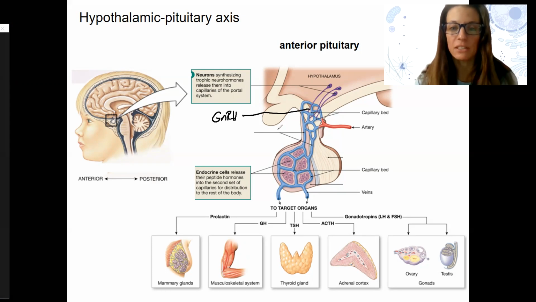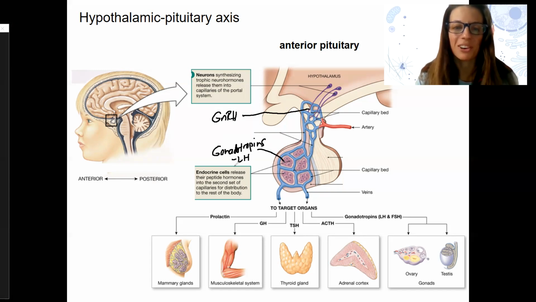It's going to cause the release of gonadotropin hormones. That's blood vessels, sorry. So it's being released into this bloodstream and causing the release of gonadotropins. Specifically, I'm going to put gonadotropins for now. The next slide, I'll focus on what they are, but I did it anyways, LH and FSH.